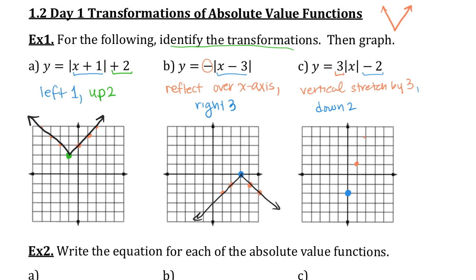It's going to be taller by 3. On the left side, I'm also going to go up 3, left 1. So this is a tall absolute value because it got stretched by 3. Instead of the slope being 1 and negative 1, it's 3 and negative 3.